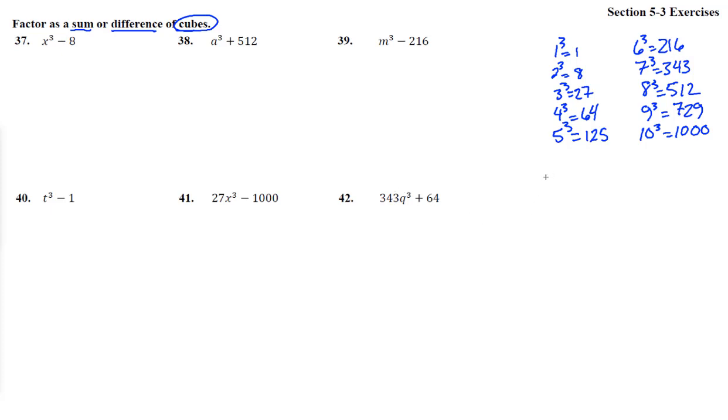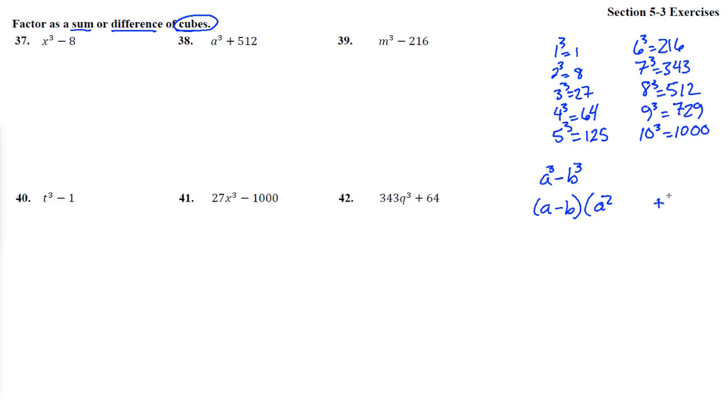So let's write this down as a difference of cubes, a cubed minus b cubed. When you identify what is actually being cubed, then it factors into something that looks almost exactly the same, but without the cubes. And then you have to have an a squared because the first times the first has to be this a cubed.